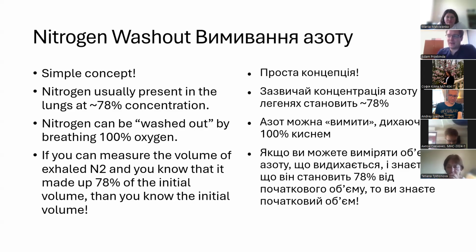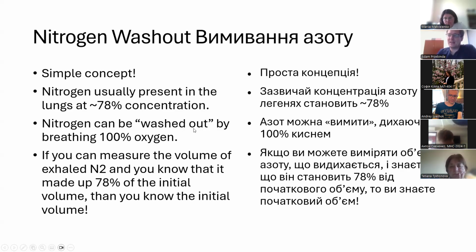If you are inhaling 100% oxygen alone and exhaling via the same valve, then the nitrogen will slowly leave with each breath. So you can imagine your first breath will have a lot of nitrogen in it, your second breath will have less, third less, fourth less, et cetera.